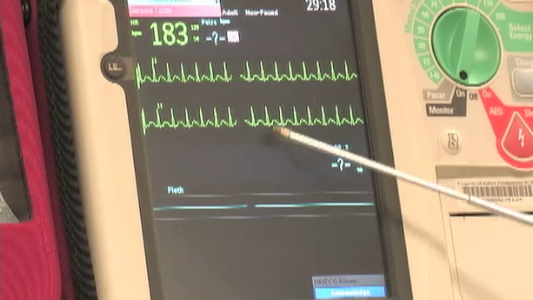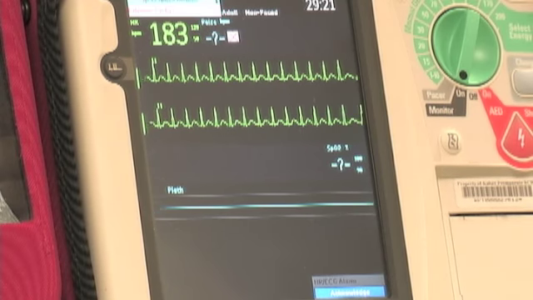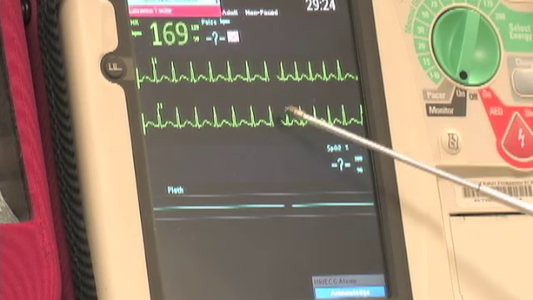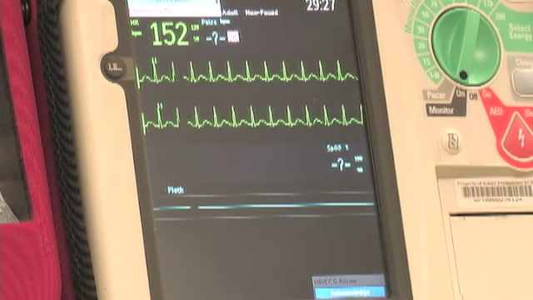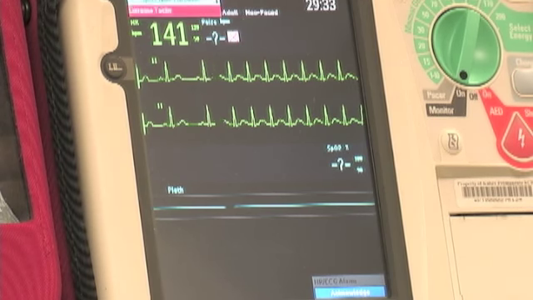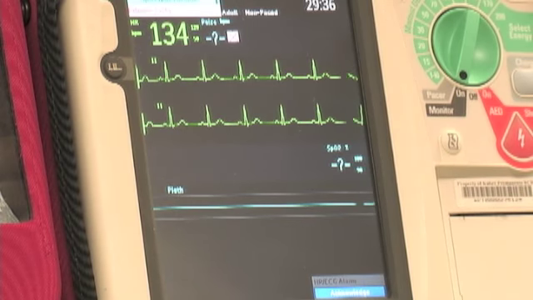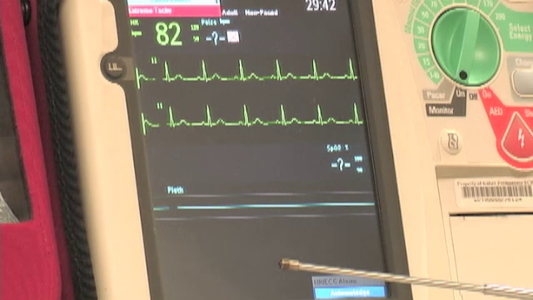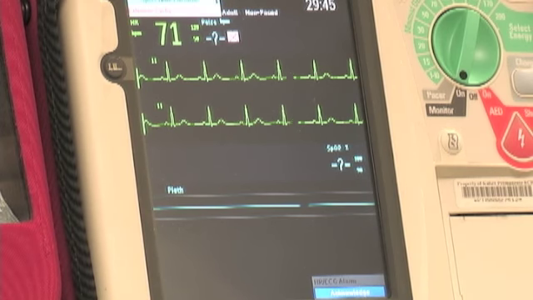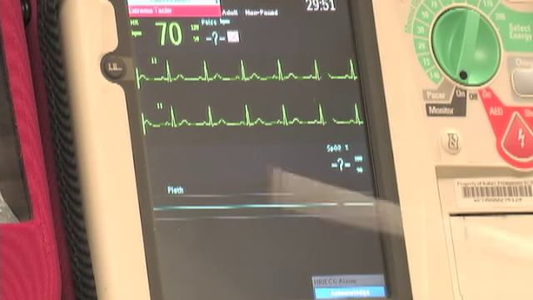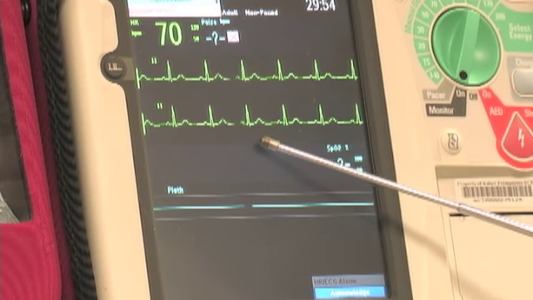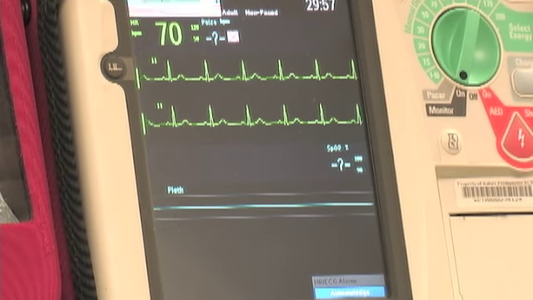If we show you this rhythm, or even this slower rhythm, which is still kind of fast, or we even show you this rhythm, which we've gone from SVT to sinus tach to a normal sinus rhythm, but I tell you the patient has no pulse, then the algorithm we're in is PEA, pulseless electrical activity, which means the heart is creating electrical complexes, electrical activity, but it's not translating into mechanical pumping of the heart.